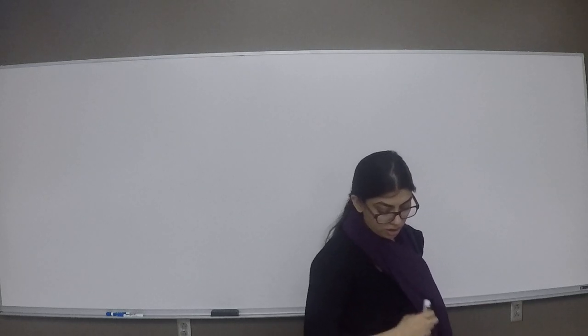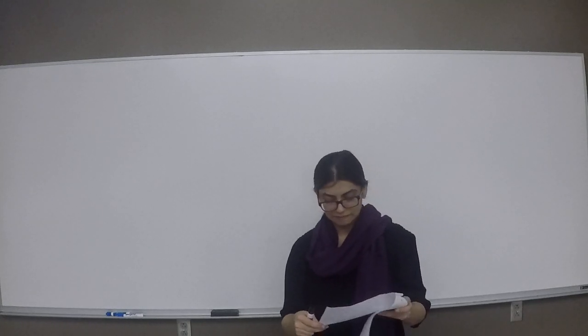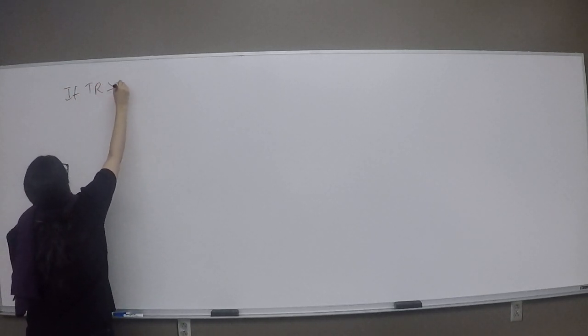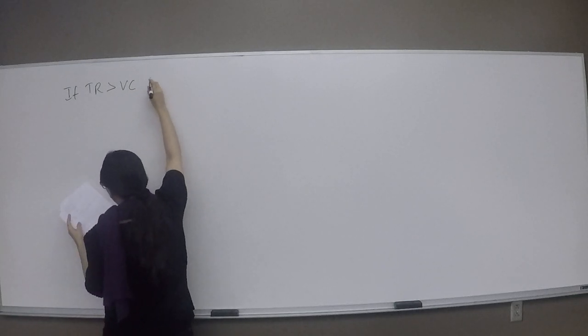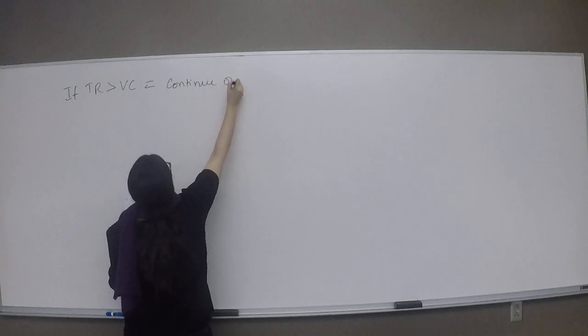To figure out whether we should shut down or not, we need to know the average variable cost. We said if total revenue is greater than variable cost, then we should continue to operate.